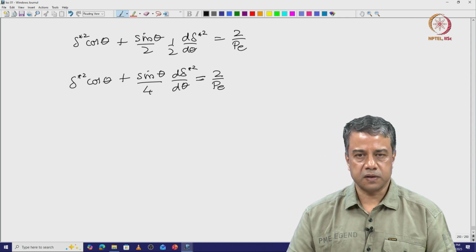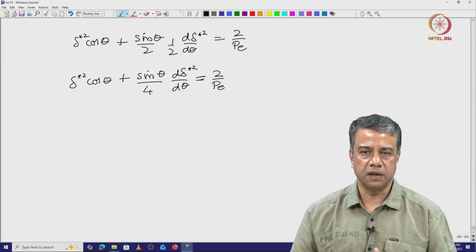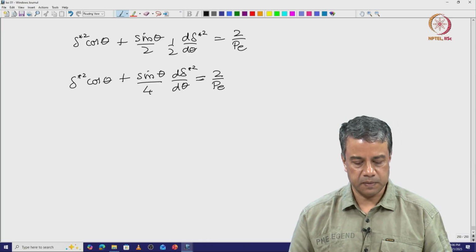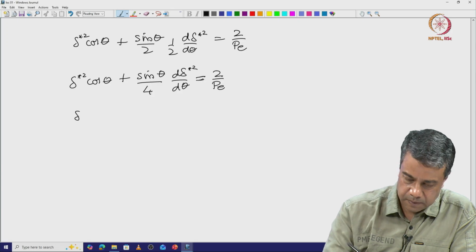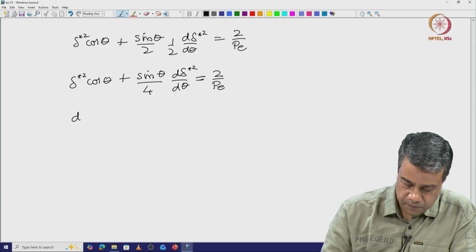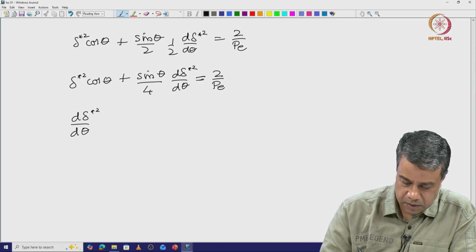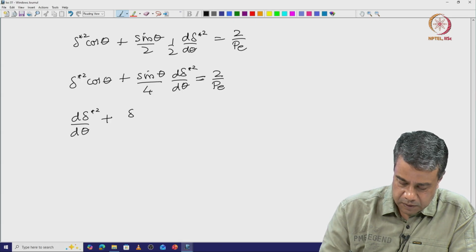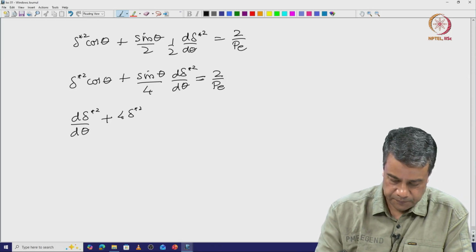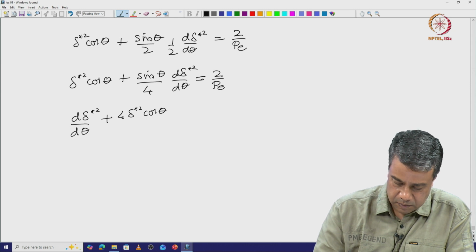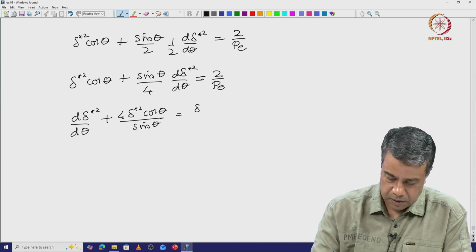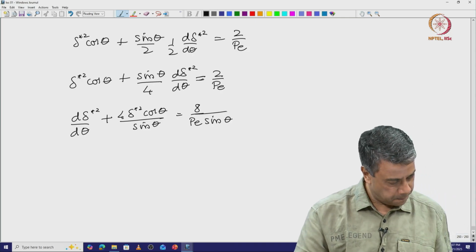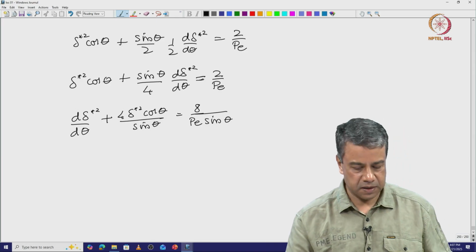To get it into the first order linear differential equation with inhomogeneous term, I divide throughout by sin theta by 4, and I will get d delta square by d theta plus 4 delta square cos theta by sin theta is equal to 8 by Pe sin theta. So, that is the equation.